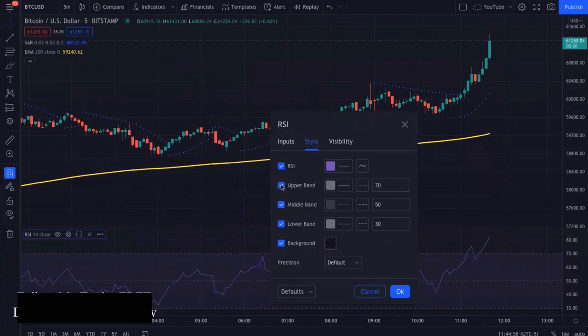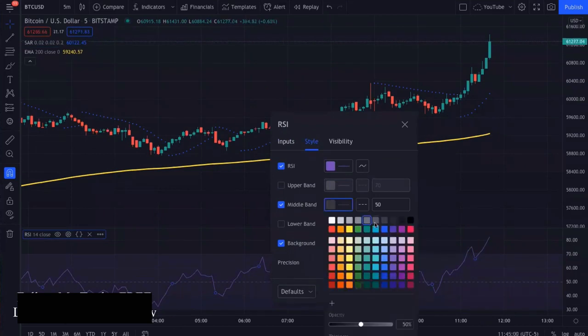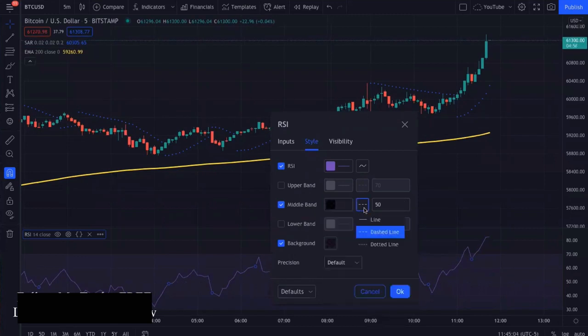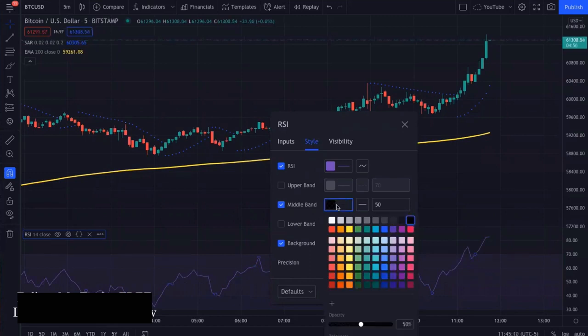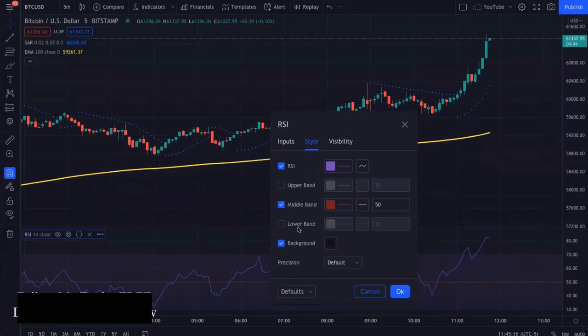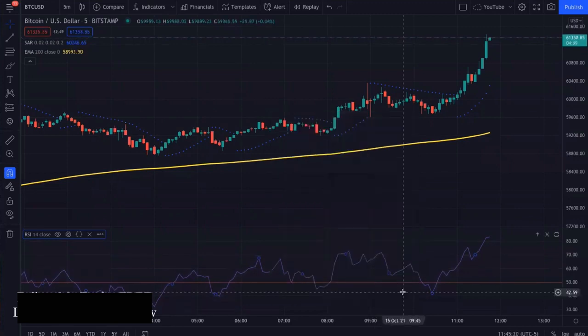And we're going to get rid of the upper and lower. We're just going to do the middle at 50. Do a solid line. Let's make this a different color so we can keep up with them. Right, so this makes it a lot easier to look at.